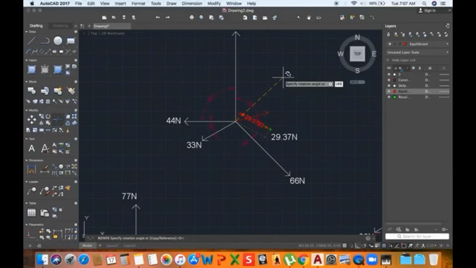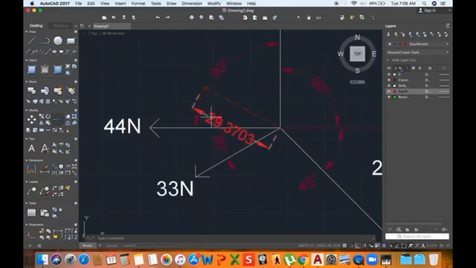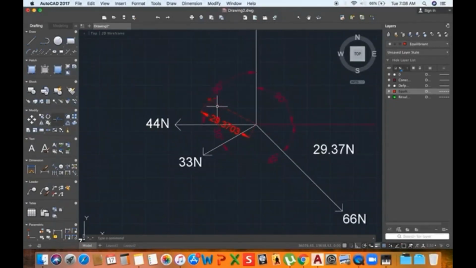So if I had typed a negative number, then it would rotate clockwise. If I had typed a positive number, it would have rotated anti-clockwise. But in this case, it doesn't matter. 180 degrees clockwise or anti-clockwise will give you the same result, which is equal but opposite. So now this is my resultant force.